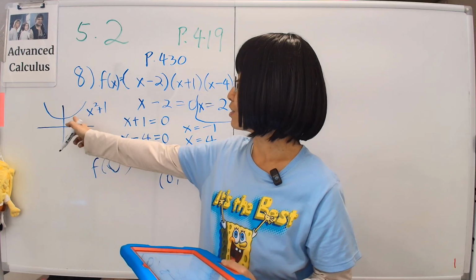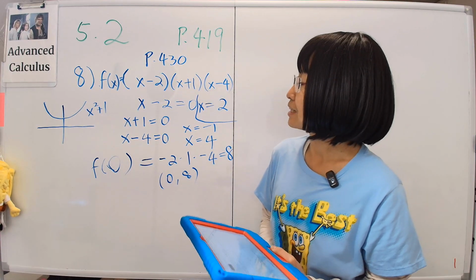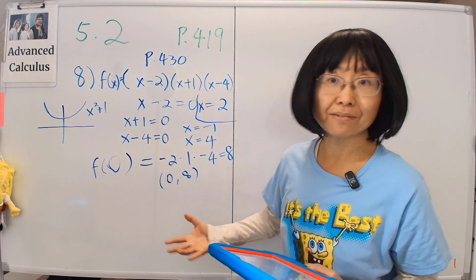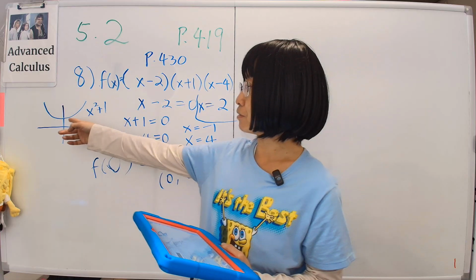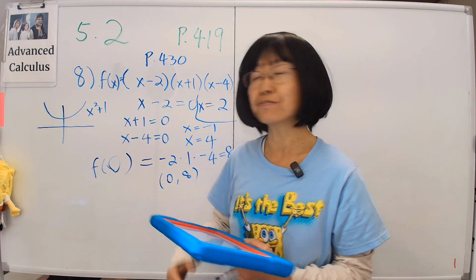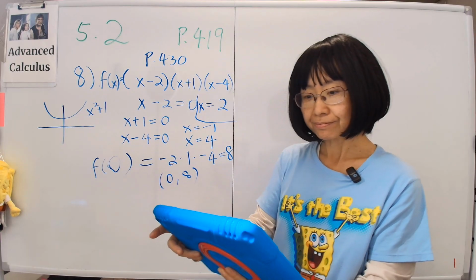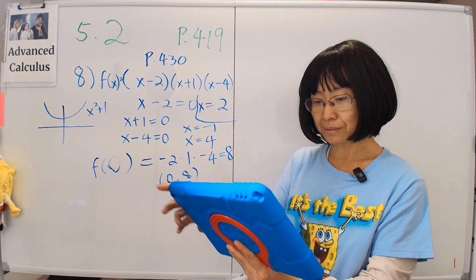So this function has no x-intercepts, which is okay. It's still a function, it just doesn't have any x-intercepts. But you always have a y-intercept because you can always set x equal to 0 and come up with some value for the function, which in this case would be 1. But anyway, that should be example 8.